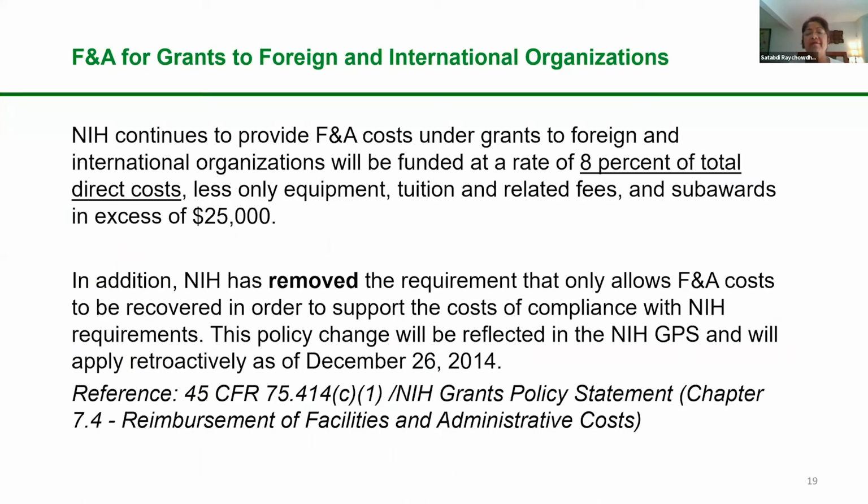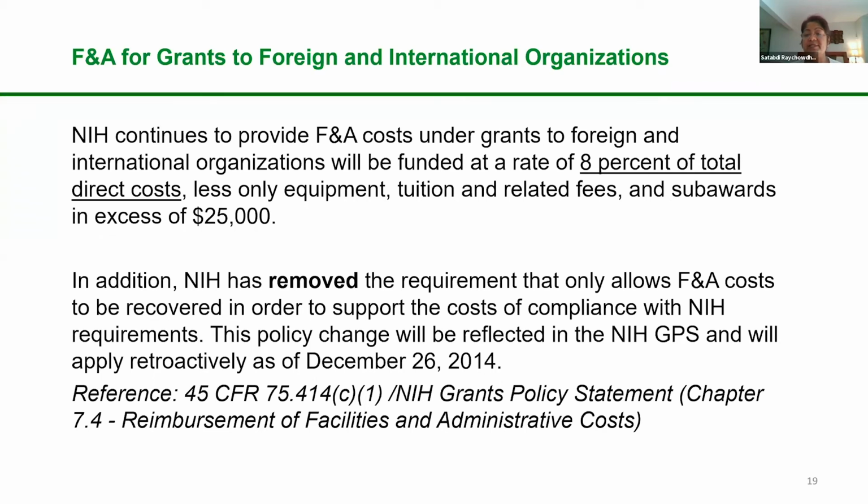Next, I will go to F&A for grants to foreign and international organizations. NIH continues facilities and administrative costs under grants to foreign and international organizations at a rate of 8% of the direct cost. So basically, whatever your direct cost is, you can request 8% of facilities and administrative cost, but that does exclude the equipment from the budget, the tuition and related fees, and any subaward in excess of 25,000.